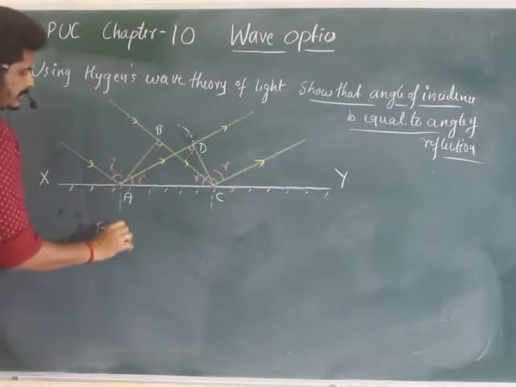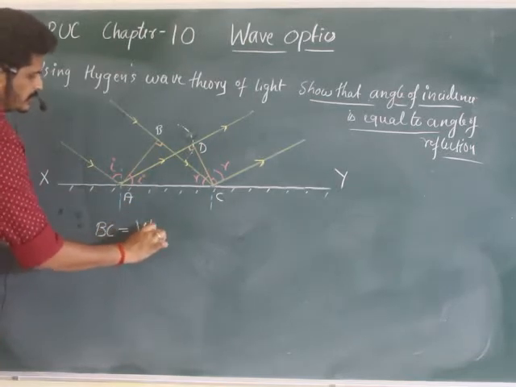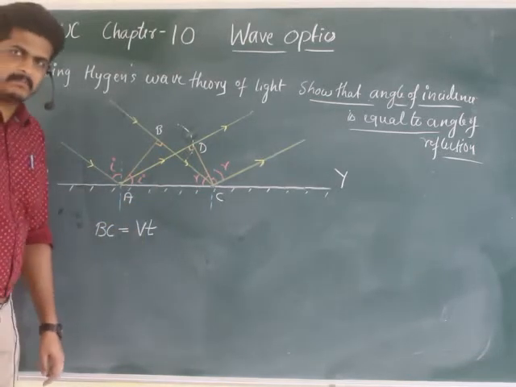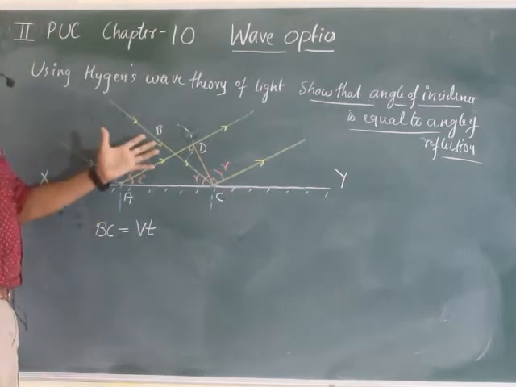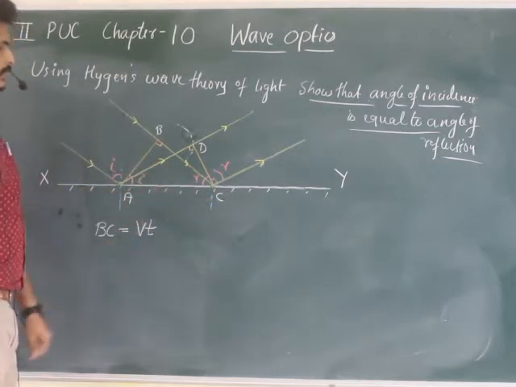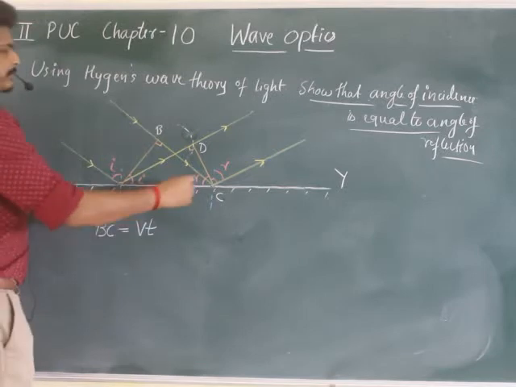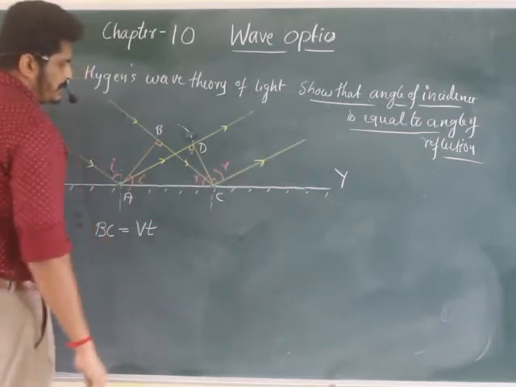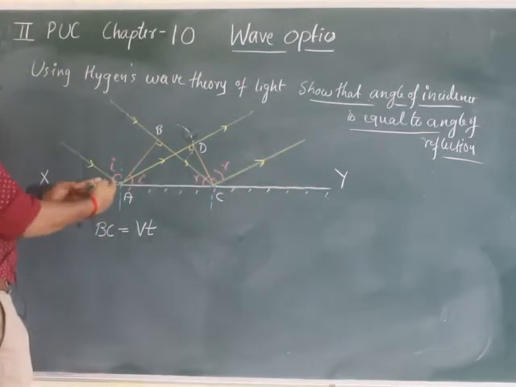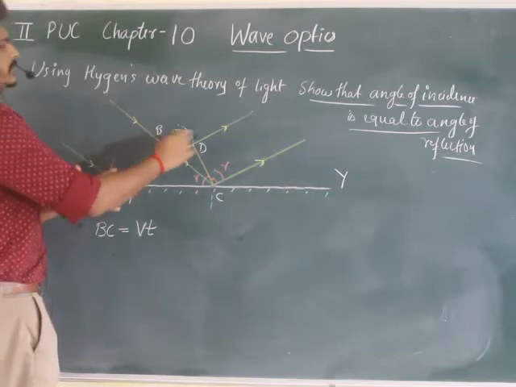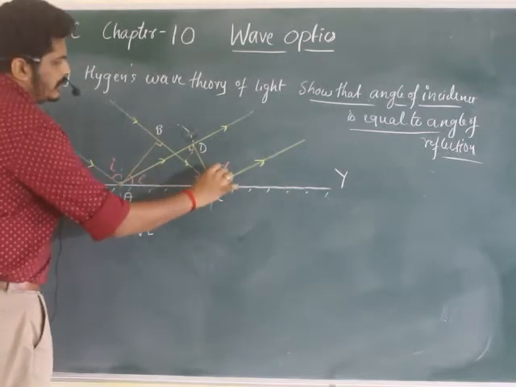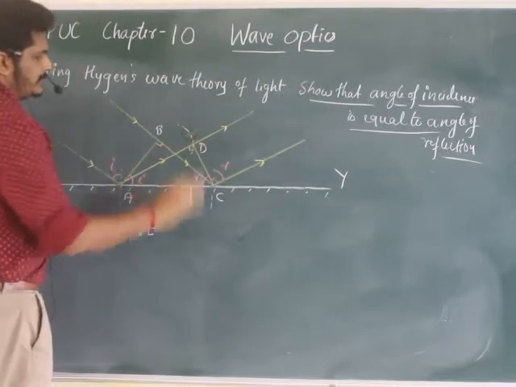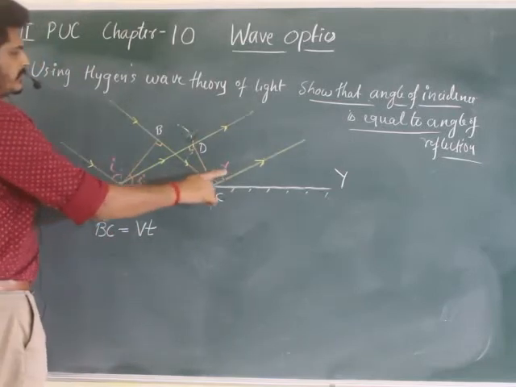That distance we can say is velocity into time also, am I right? So BC I have taken as v into t. After that reflection takes place. I have taken angle of incidence for the first ray, and reflection I have measured in case of the second ray. Look here, angle of reflection. That means angle of incidence should be equal to angle of reflection.